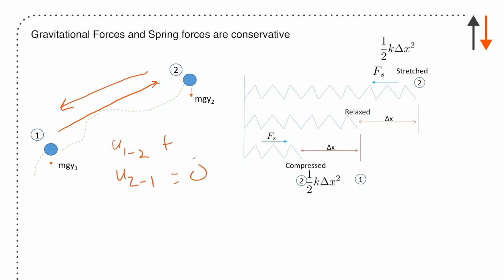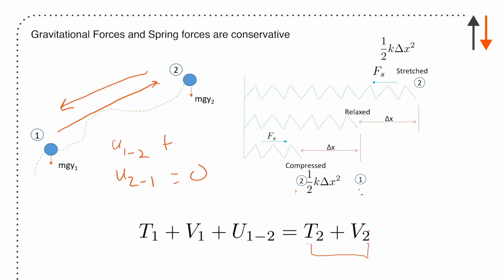That's a conservative force. Same thing with the spring. If I go from 1 to 2, 2 to 1, I will not gain and I will not lose any energy. I'll never gain energy, by the way, no matter what. Where I lose energy is usually with friction. So I end up with this expression: T2 plus V2 equals T1 plus V1 plus the work done from 1 to 2.